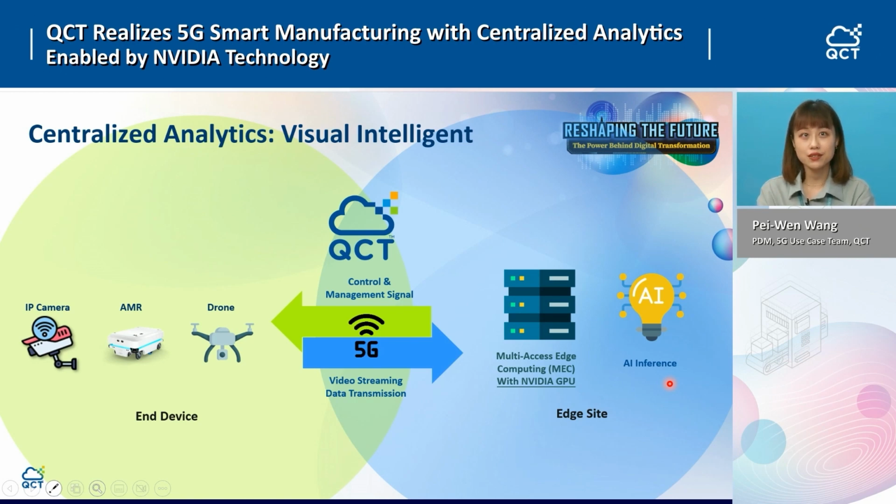Now, Quanta Factory has deployed the use cases in an SMT production line, but due to privacy policy, we can't show you the real thing. So, we developed a demo video at the QCT 5G Open Lab in Taiwan. Let's take a look at the demo video.